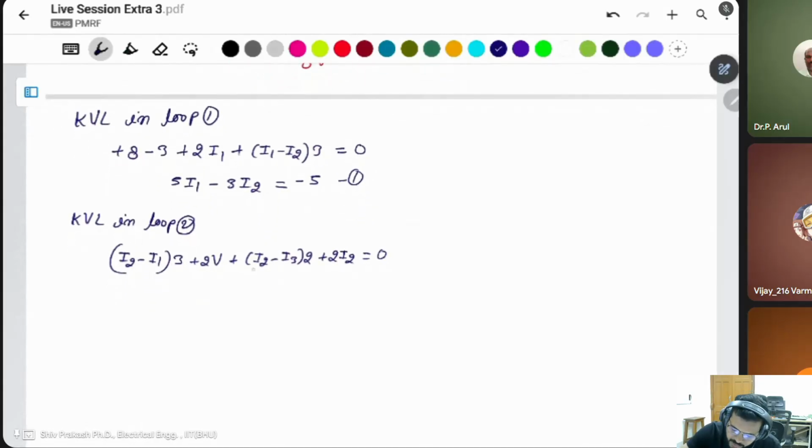This is 3I2 and this is 2I2, this is 2I2. 2 plus 2, 4 plus 3, 7I2. Minus 3I1, minus 2I3. The 2 volt, I replace: plus 2 goes to the right side, it will be minus 2. Equation number 2.